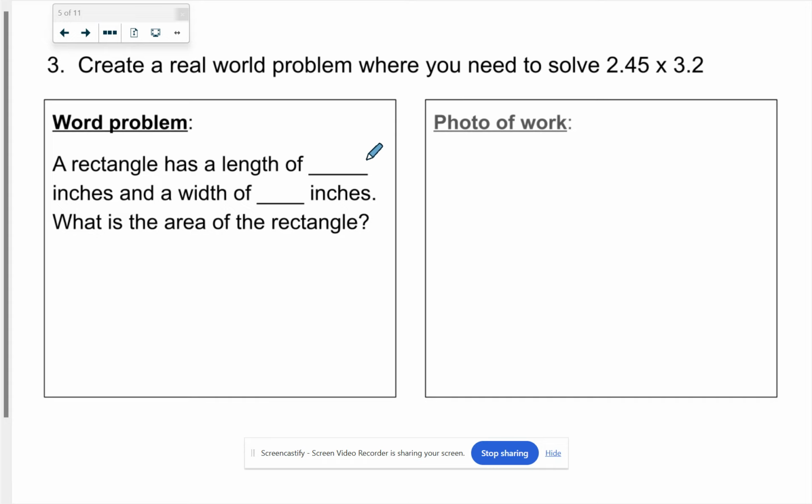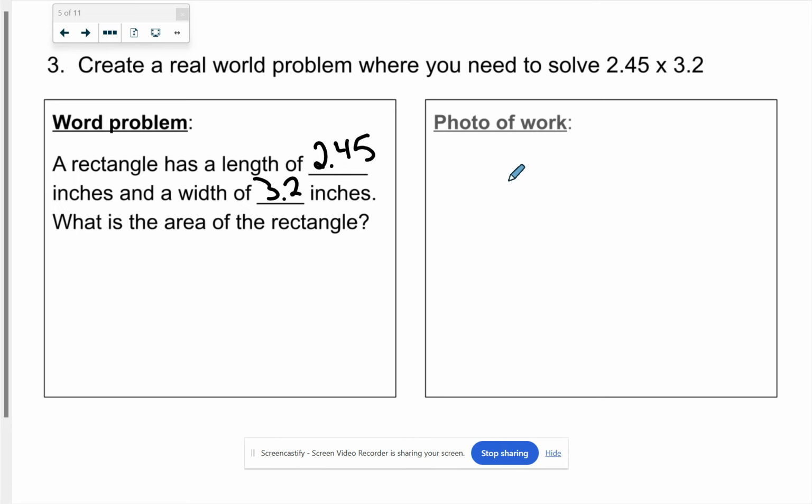Create a word problem where you need to solve 2 and 45/100ths times 3 and 2/10ths. Again, I copied one from the sample guide. When we want to find area, that is when we multiply. A rectangle has a length of 2 and 45/100ths and a width of 3 and 2/10ths. What is the area? So we need to multiply these two together.